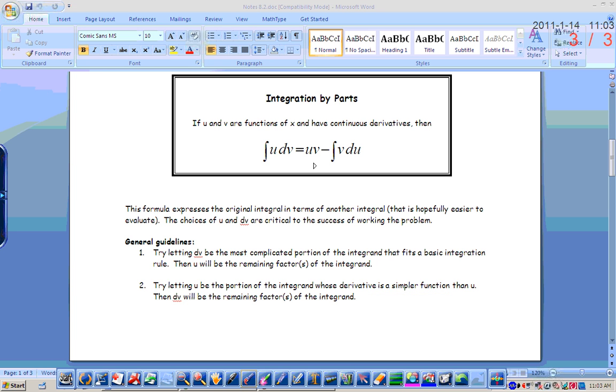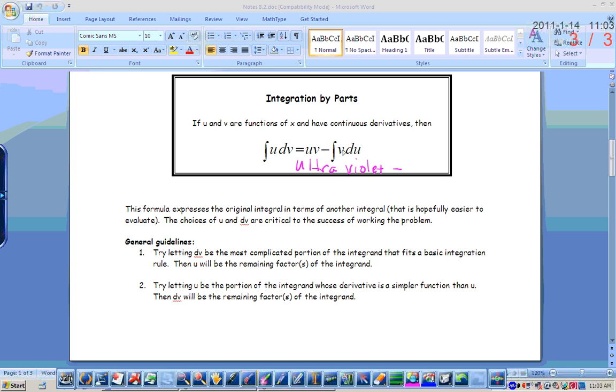Now, that seems like a really complicated formula. However, if you think of uv in science, what's uv? In terms of the sun, ultraviolet. So our formula is ultraviolet minus, and the integration symbol kind of reminds me of the Superman symbol.